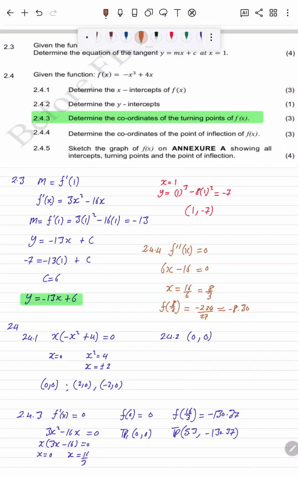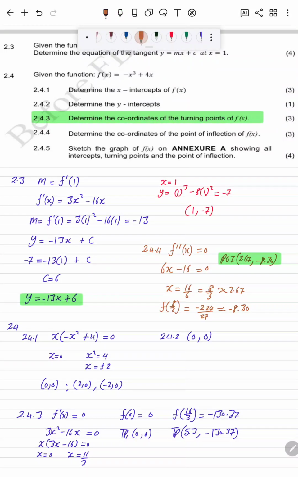So 8 divided by 3 simplifies to 2,67. So therefore it means that the point of inflection is going to be at x equals 2,67, and then y is negative 8,30. So that is going to be the point of inflection.